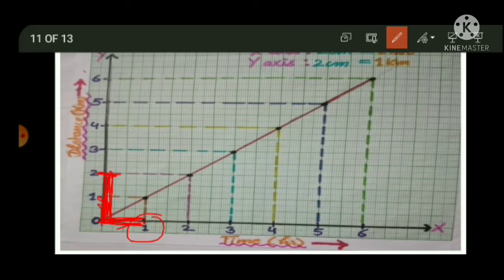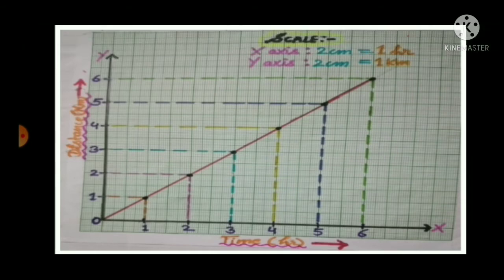That is why it is very important to mention the scale.